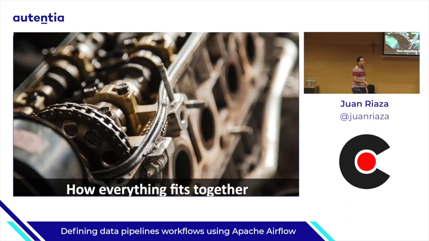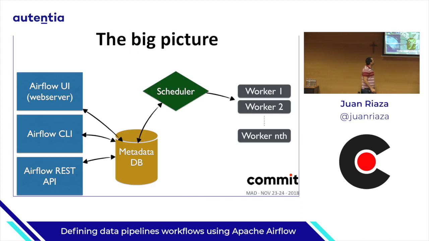And so let's check how everything fits together. This is the big picture. So this blue box on the left is how we interact with Apache Airflow. We have the UI, we have a CLI, and we have an experimental REST API.